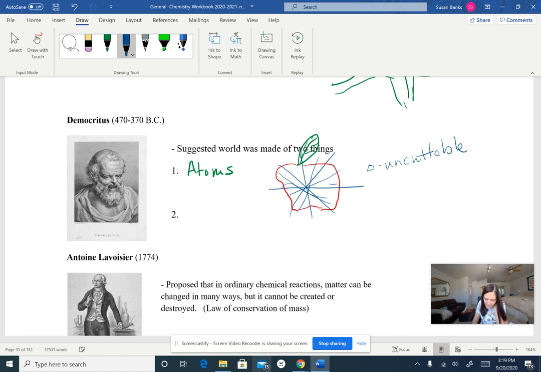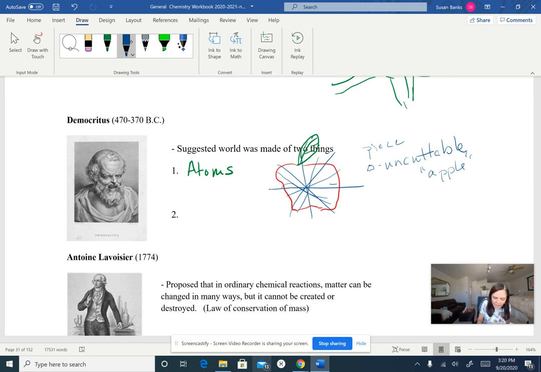Okay? If I get a piece that is so small, it's uncuttable, but it's still apple, quote unquote apple. That's his idea of an atom. It's an uncuttable, small piece that still retains all the properties of whatever element or item that we're talking about.